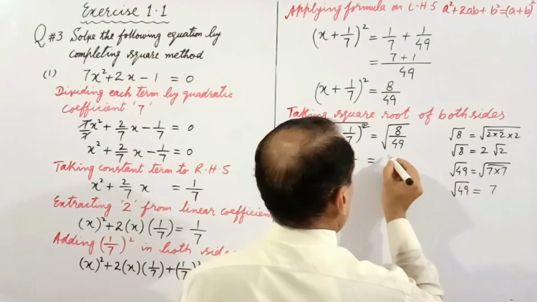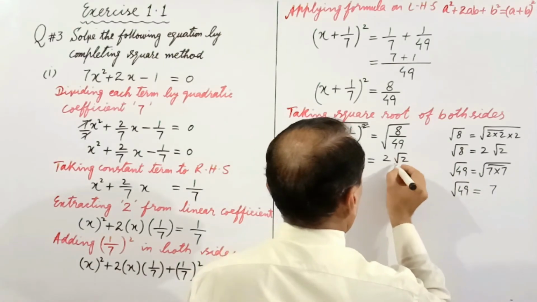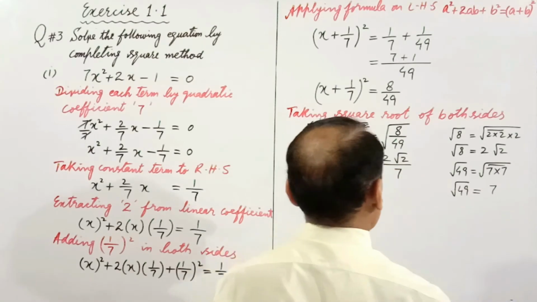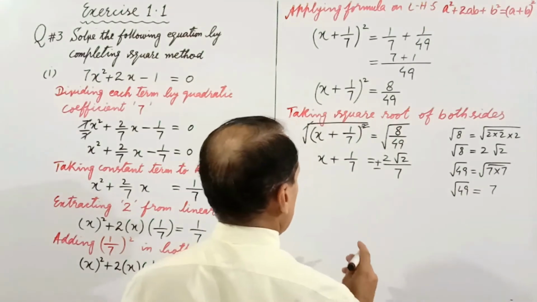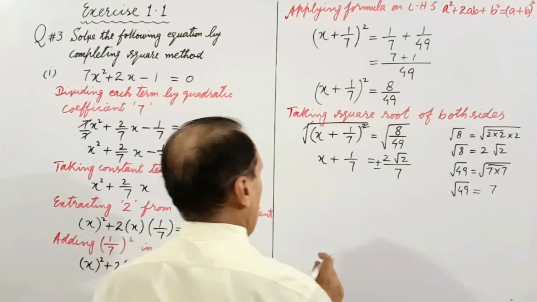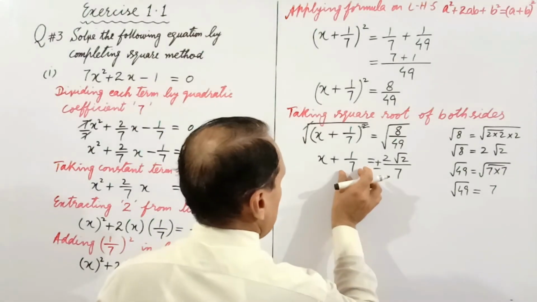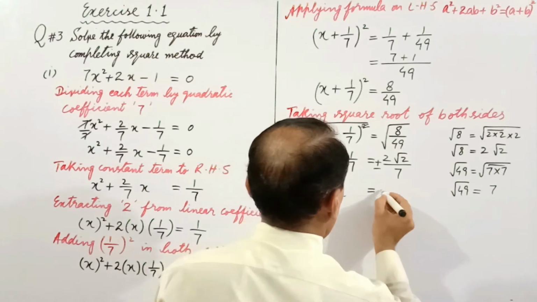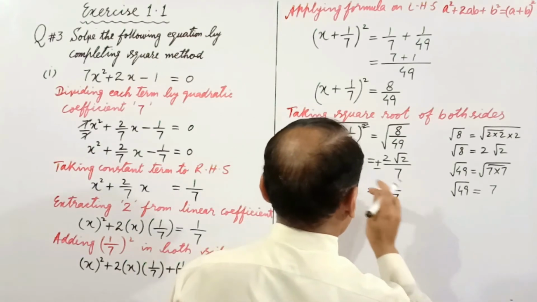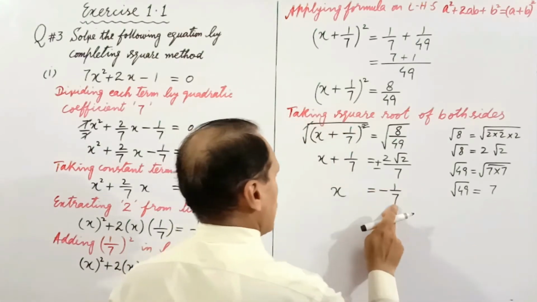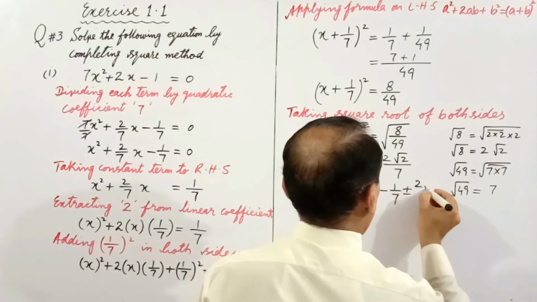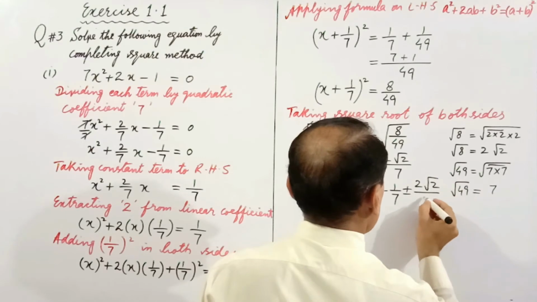We replace these values, 2 under root 2 over 7 plus minus, as we take the square root of a real number. Now we shift 1 over 7 to the right hand side. So we get x is equal to minus 1 over 7 plus minus 2 under root 2 over 7.